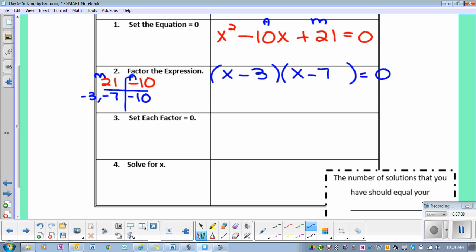So it's still the same stuff that we did for the past 2 weeks, factoring. Except now, since we have to solve it, you're going to make every single piece of this equal to 0. Now, I like to call this, next step, my mini equations.